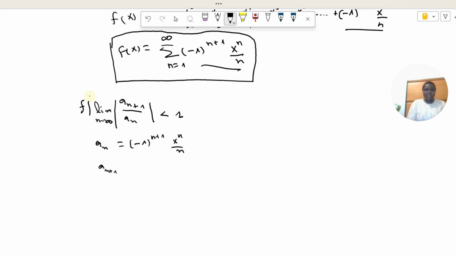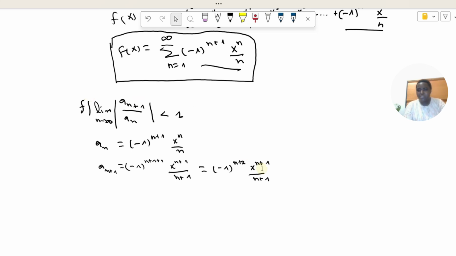The term a n plus 1 will be equal to minus 1 power n plus 1 plus 1, and x power n plus 1 over n plus 1. And this is the same as minus 1 power n plus 2 and x power n plus 1 over n plus 1.